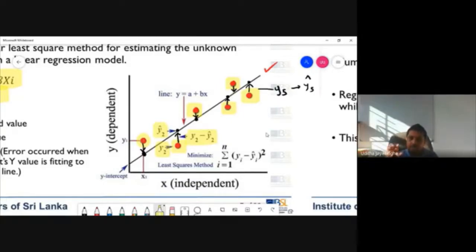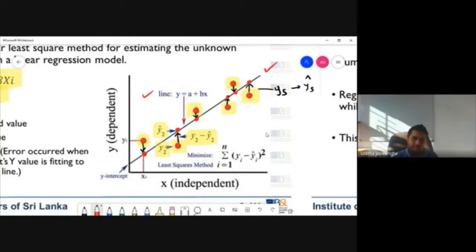If you just try to visualize these red points, now changed to red, what if these red points coincided with the points on the line? Then obviously, we can find a perfect line of y equals alpha plus beta x.